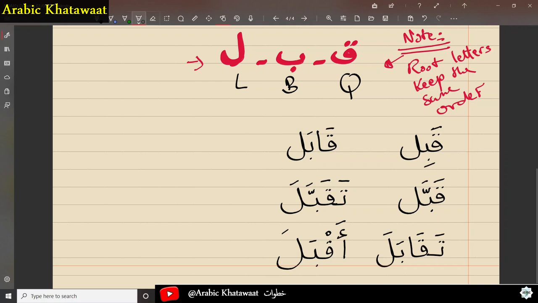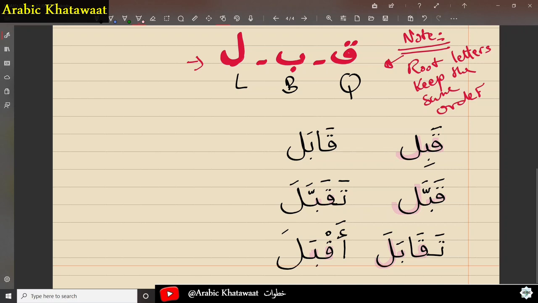It's قبل, it has it. What's different here is that the short cases are quite different. And then the meanings are all different again.